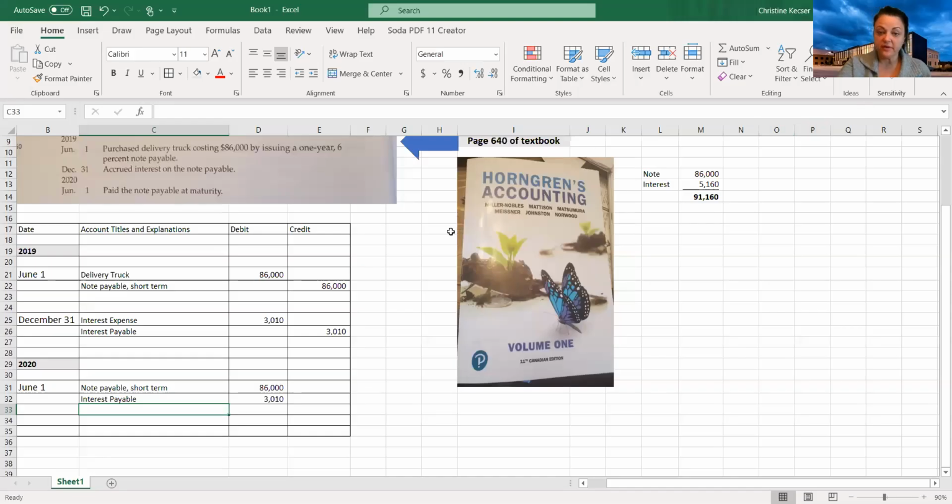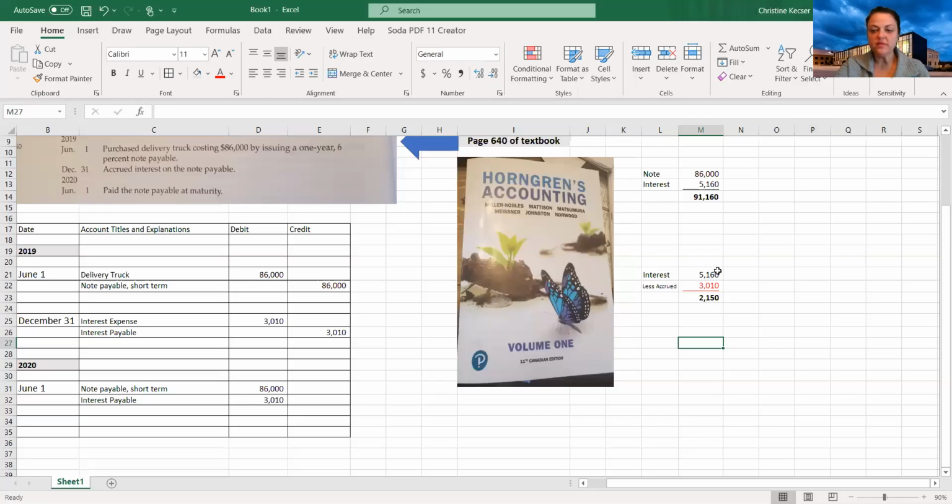Then we take the difference of the $5,160 of interest that is actually payable on the loan, and we deduct the interest that we've already accrued of $3,010. So I've done this little calculation here. Here's the interest payable on the loan less the amount accrued. So there is a difference of $2,150.